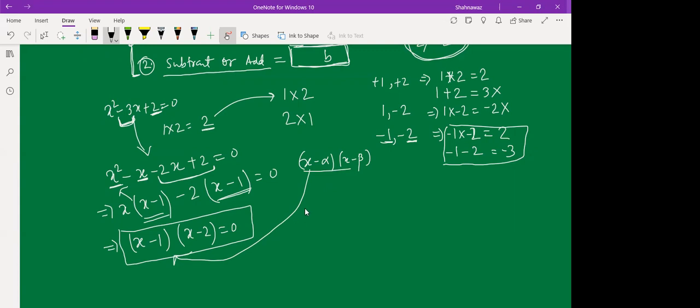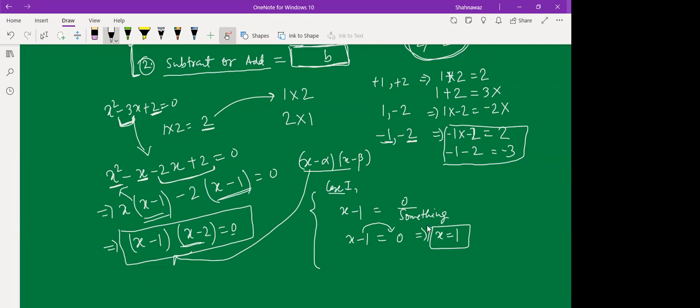Then what you do is that you take one part at a time. So in case first, you take this to be in the denominator, so this will be what? 0 by something is what? 0, right? So this will be x minus 1 equals 0, and we take it to the right side, so x equals to 1, right?